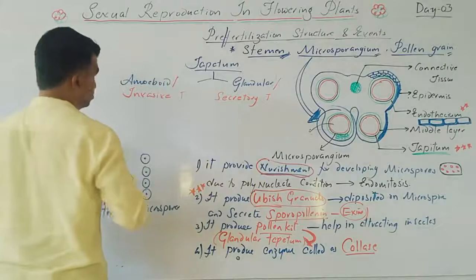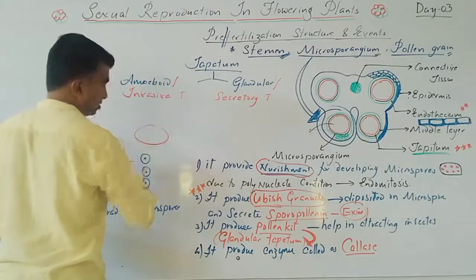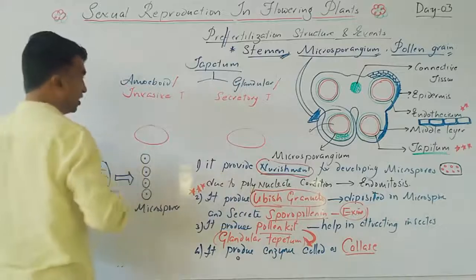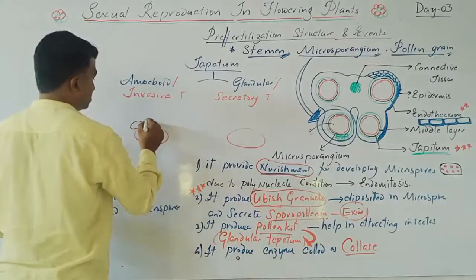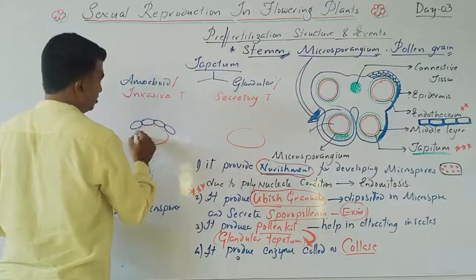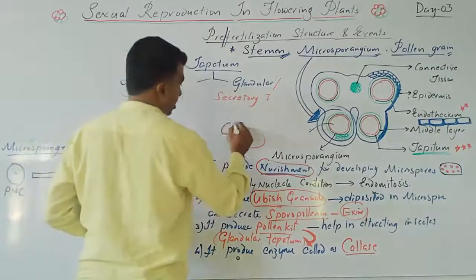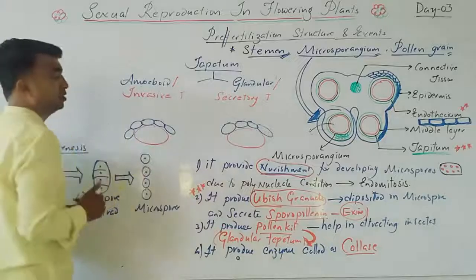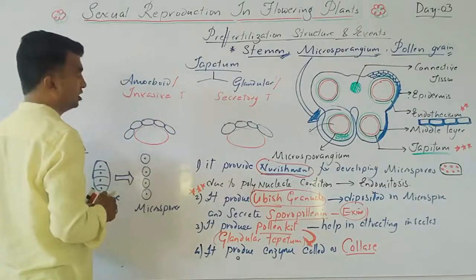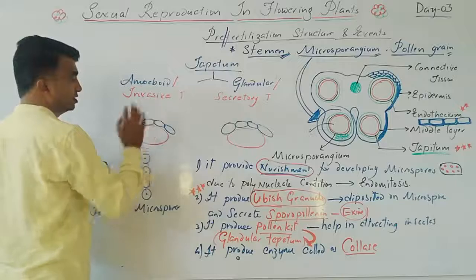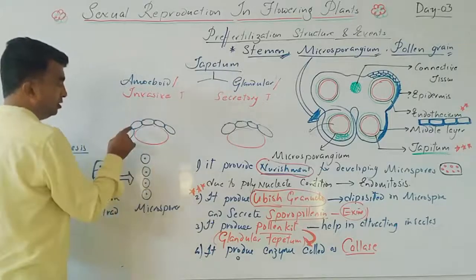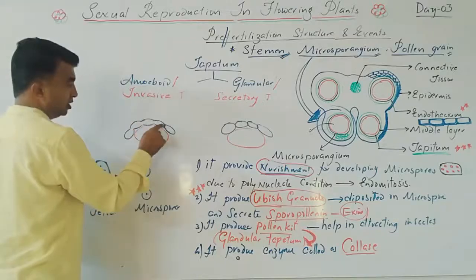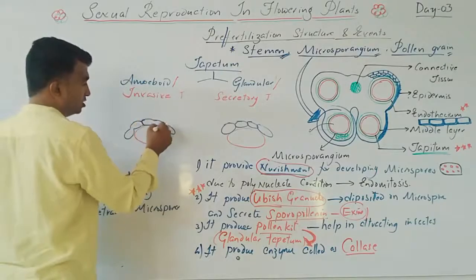This is the sporogenous tissue, and this is also sporogenous tissue. Surrounding that, the tapetum is there. Imagine this is a tapetum and this is also tapetum. In the amoeboid or invasive tapetum, the radial walls between the cells dissolve and the cells merge.